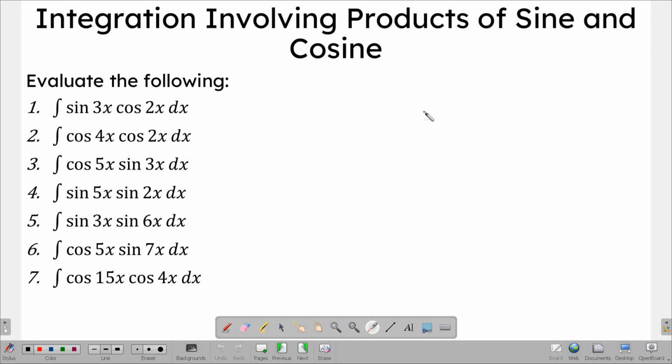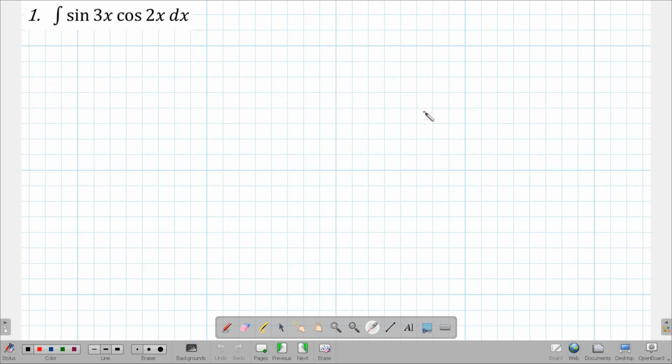So let's try to work with this one here. We are asked to find the integral of sine 3x cosine 2x. The first thing that we shall do is check which identity we would need to work with.